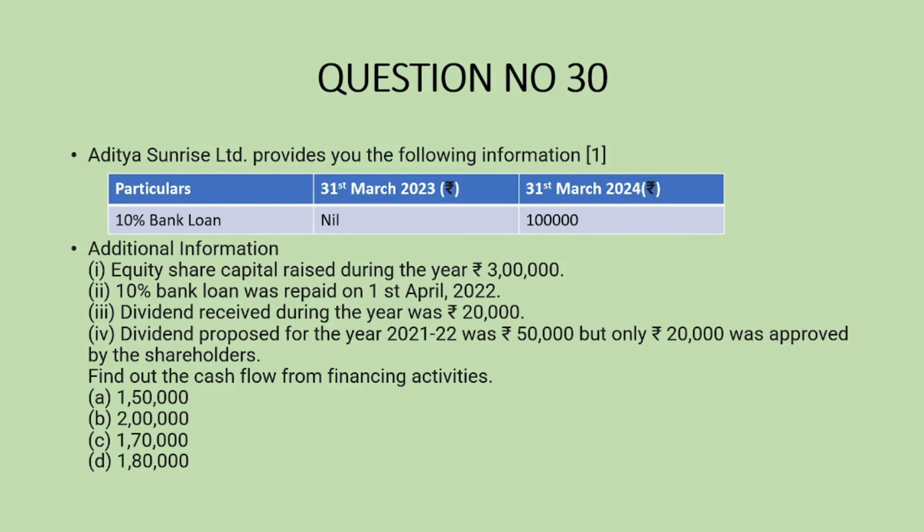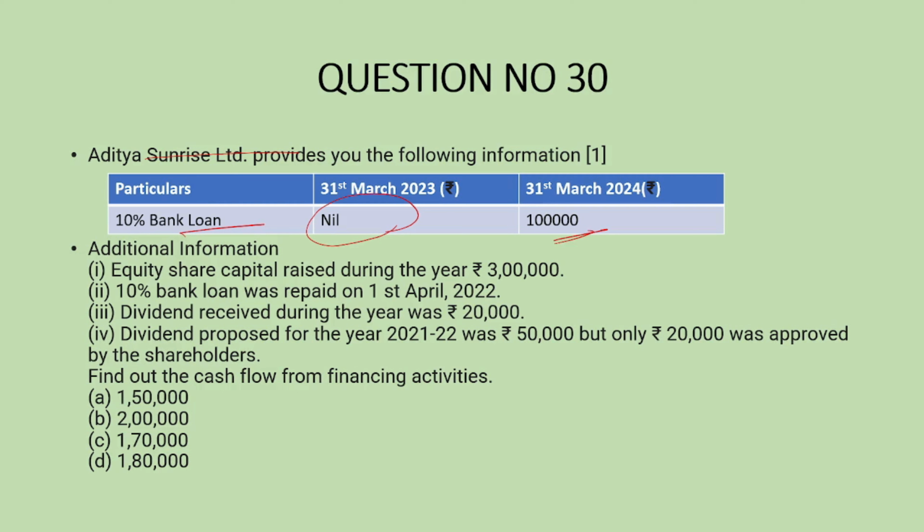And question number 30. Aditya Sunrise Limited provides you the following information: 10% bank loan is nil in 2023, and on 31st March 2024 you have 1 lakh rupees.